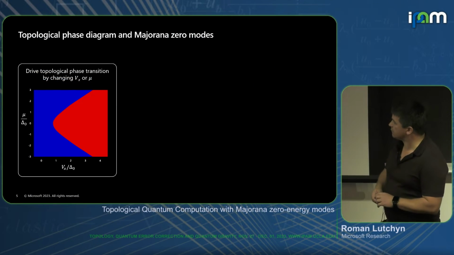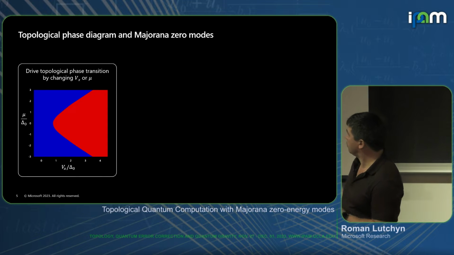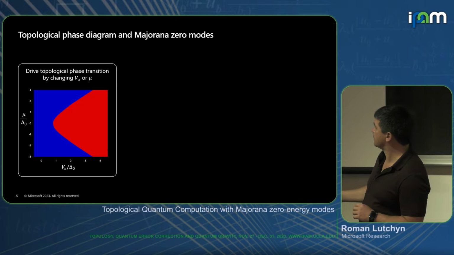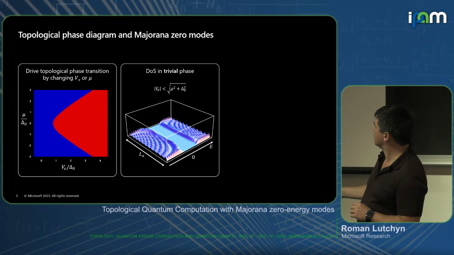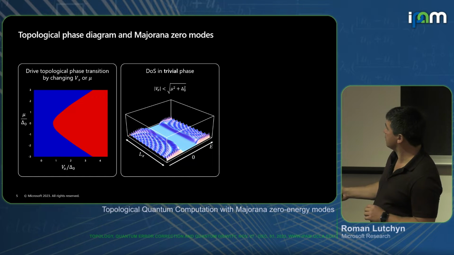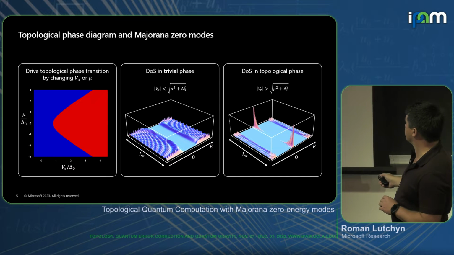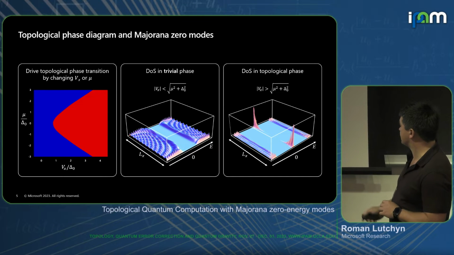So this is the phase diagram of this model. Blue represents the trivial phase, red represents the topological phase. If you simply increase the in-plane magnetic field, then you go from the trivial phase, where you don't have any states in the gap at the ends of the wire, to a phase which has these Majorana zero energy states.